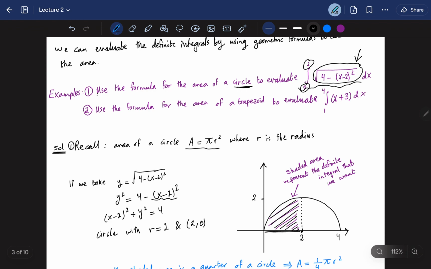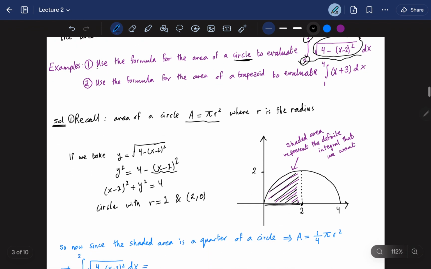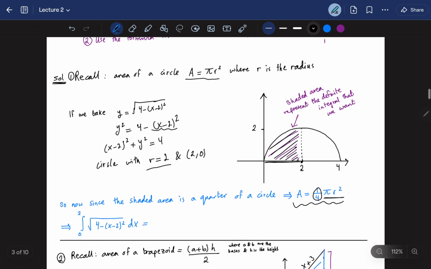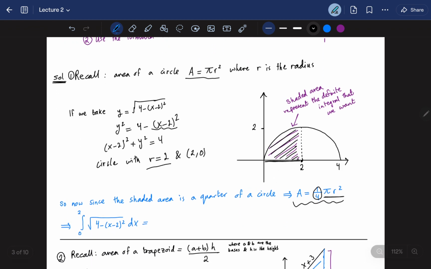So if you notice, this is only a quarter of a circle. So the area of this shaded part is just a quarter of the area of a circle with my radius equal to 2. So the integral that I want is just going to be the area of this quarter circle. So it's just going to be 1/4 pi 2 squared. So this is just pi.